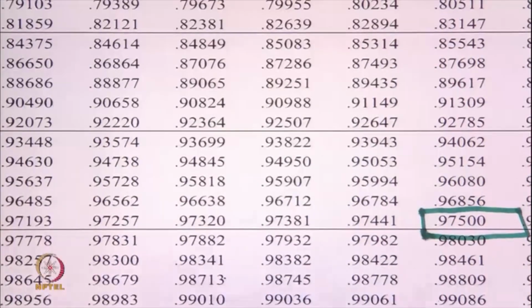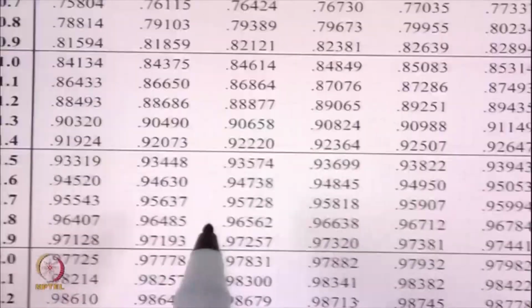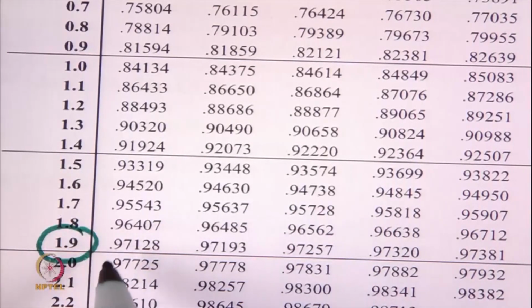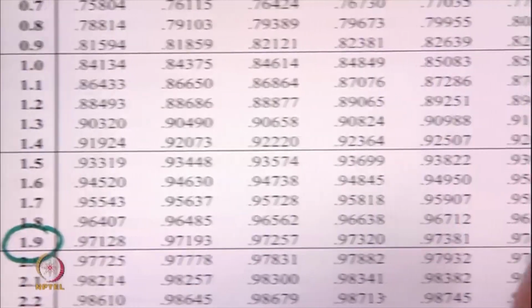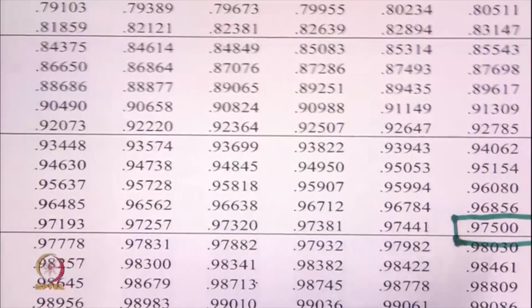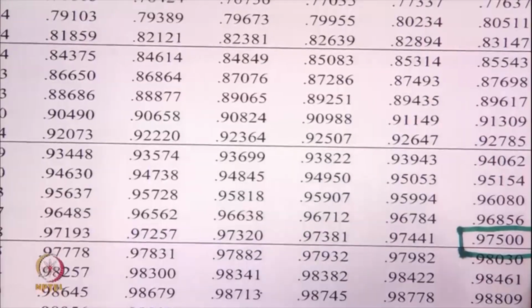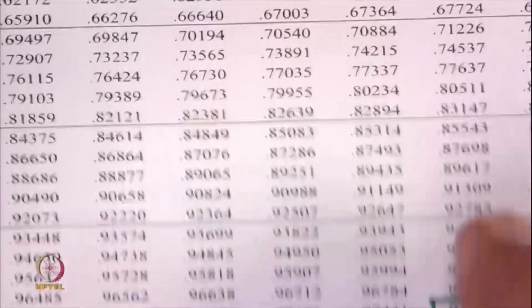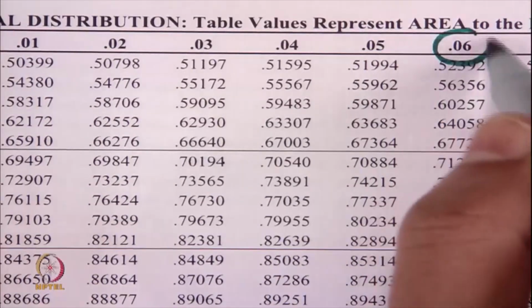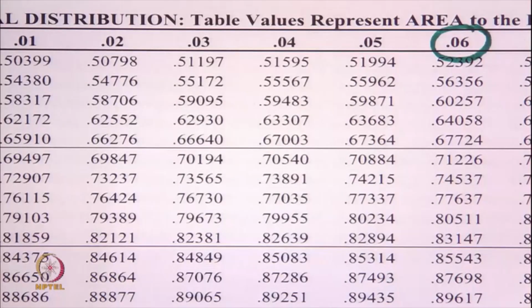We first look at the left side of this table and we can see the value given is 1.9, and for the second decimal place we go above and we can find 6. Therefore, we get 1.96.